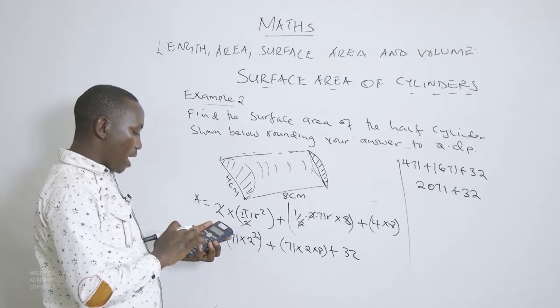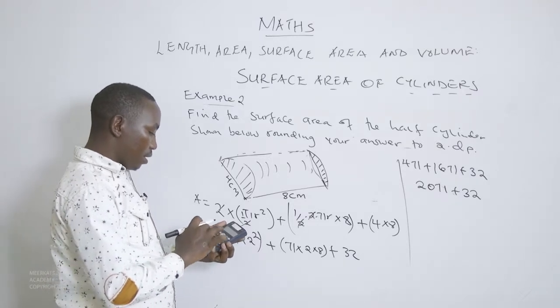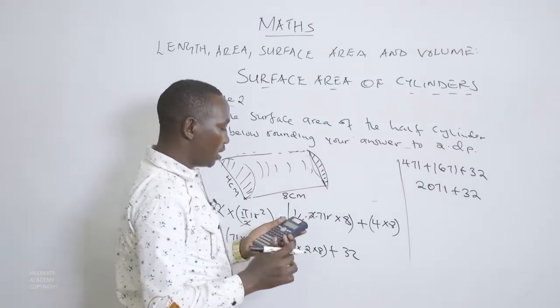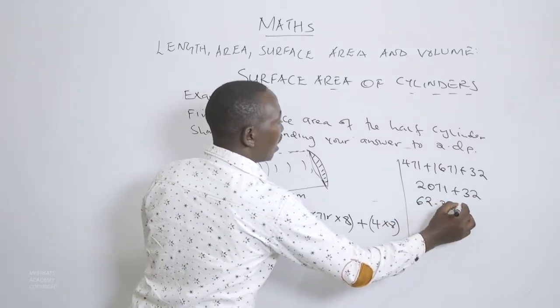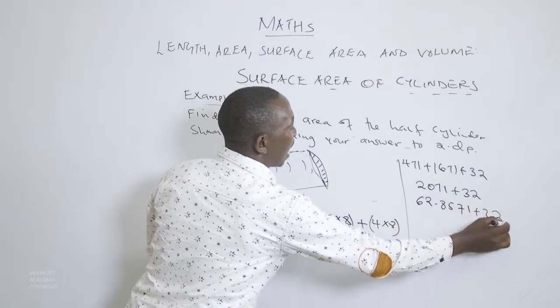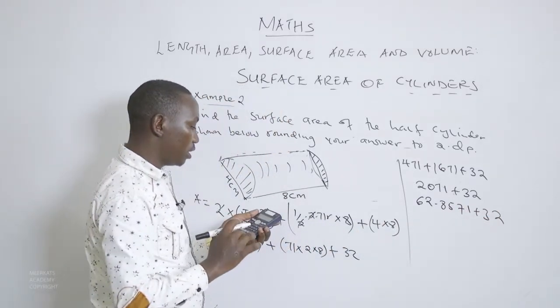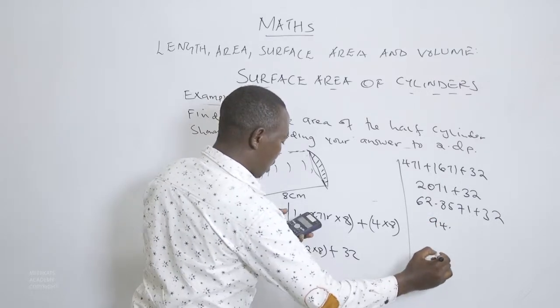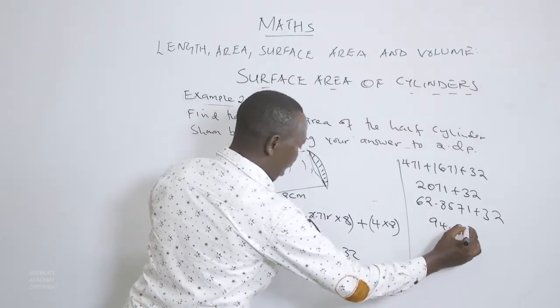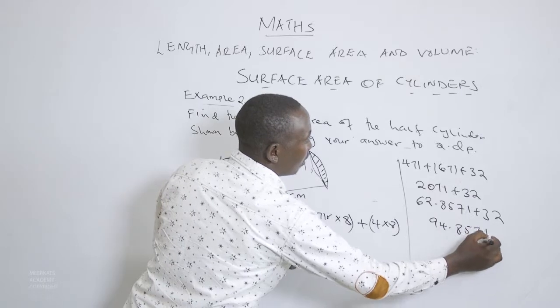20 multiplied by pi will give us 62.8571. We add that to 32 square units, which results to 94.8571.